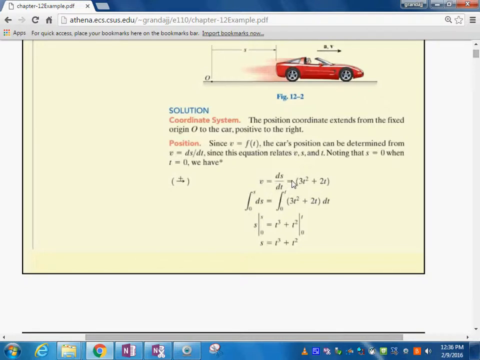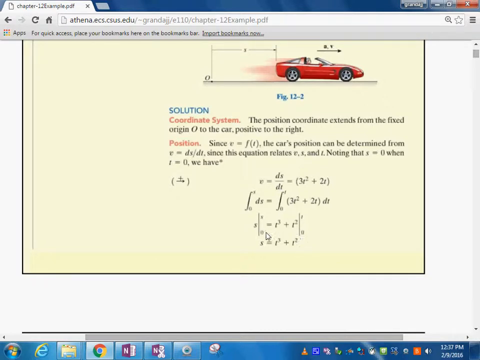If you're going to find the position, you integrate the velocity on both sides from 0 to t, and so you're going to have the result of the integration from 0 to t.